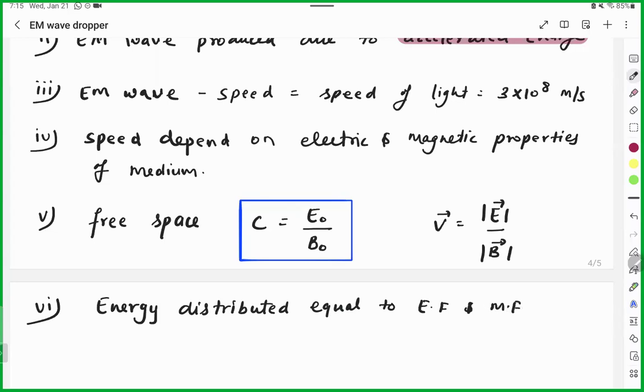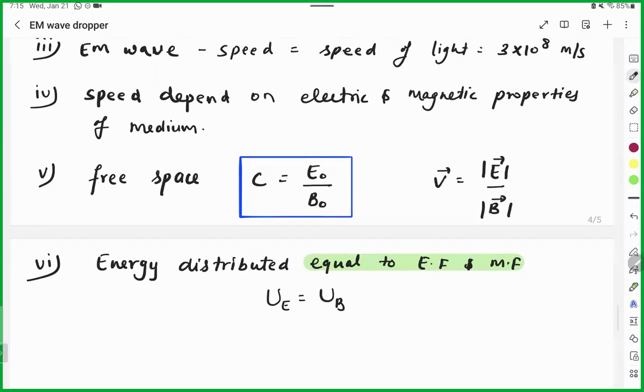I ask you, will the energy in the electric field and magnetic field be the same? Yes, sir, yes, because when you have both values perpendicular and in equal amount, only then there will be uniform distribution. So the answer is yes. Energy in the electric field will be equal to energy in the magnetic field.